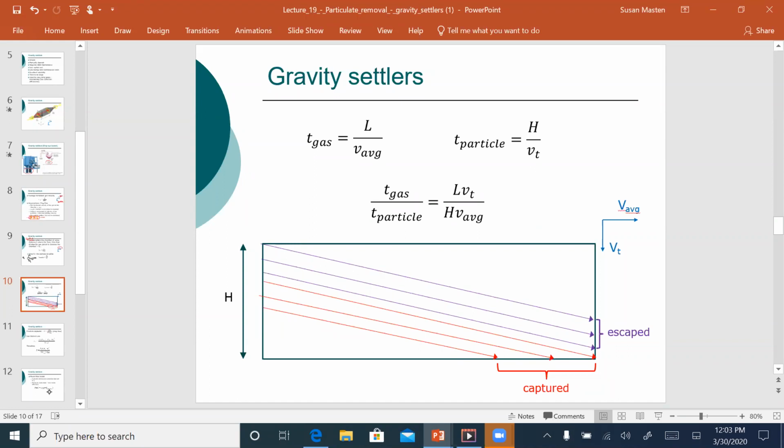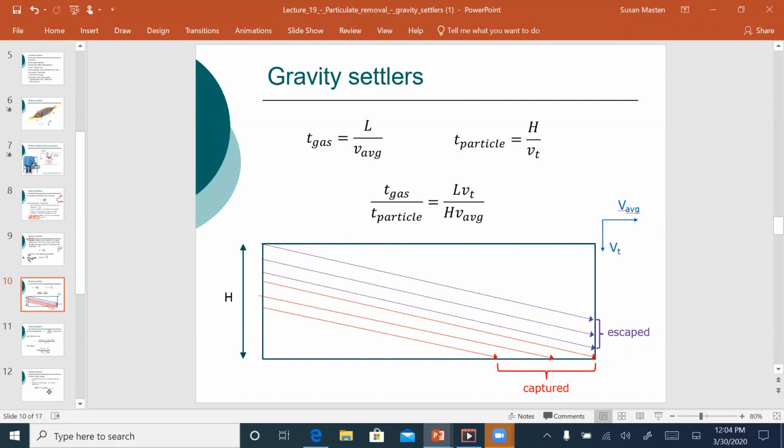If you think about this, I've tried to describe this here. We have different particles, and the way I've drawn them, they have essentially the same terminal settling velocity, but where they enter is going to have a significant impact.